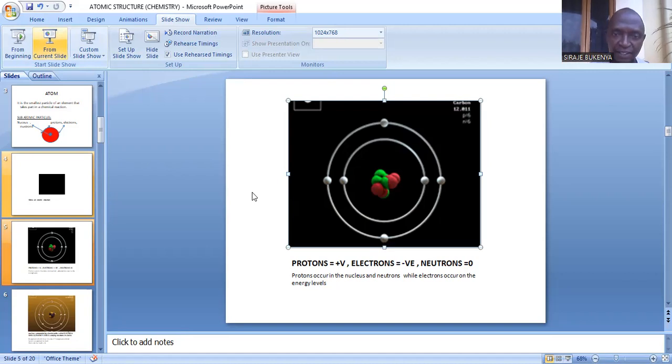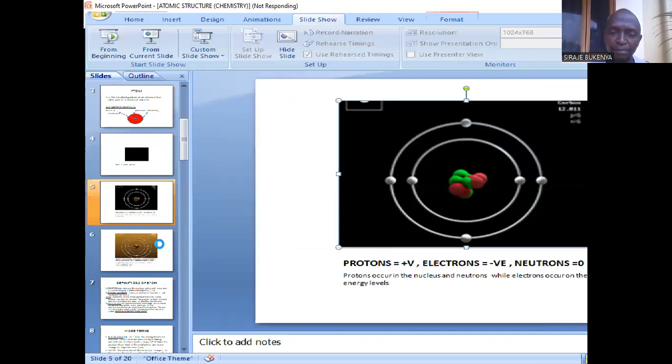So they are going to be negatively charged. And because they're negatively charged and the protons are positively charged, you find that they must have the same numbers. The number of the protons and the electrons are always going to be the same, leaving the atom neutral.